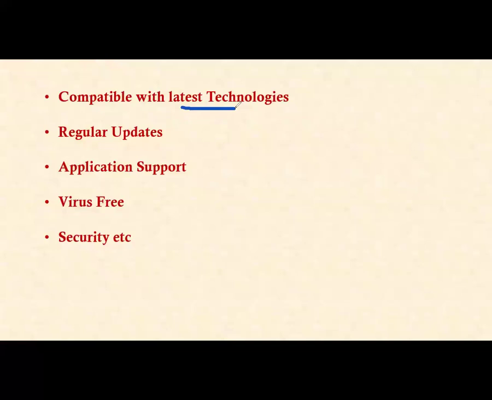This Linux server operating system is literally compatible with all the latest software, the latest updates, the latest tools, the latest technologies we have. This makes Linux such a powerful and widely used operating system. Any latest technology, you can easily use on top of our Linux server operating system.